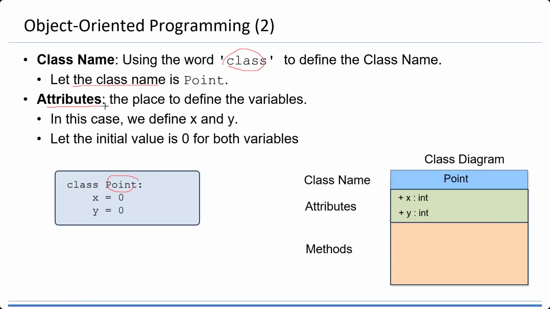The attributes are the place to define the variables. In this case, we define x and y and let the initial value be 0. You can define any numbers here. Now let's make it 0.